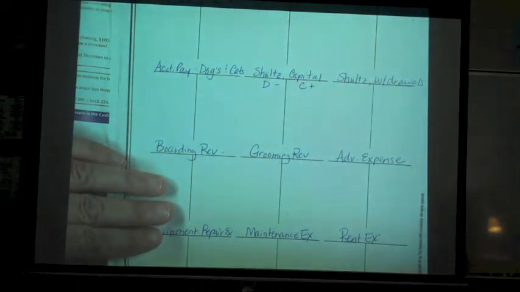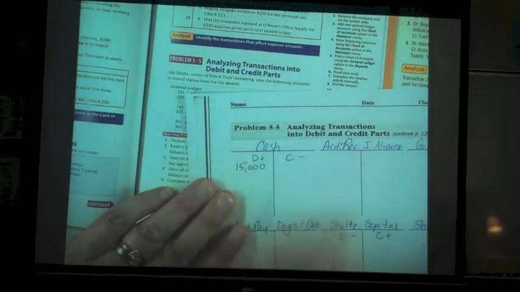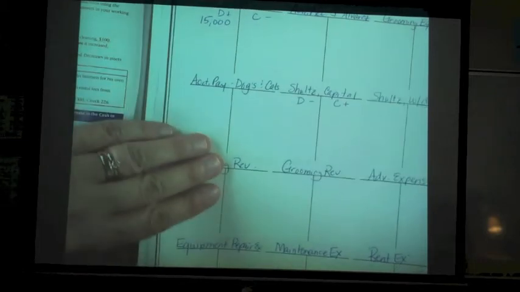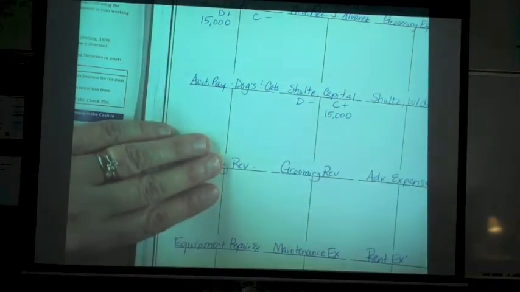And remember, your balance should always be recorded on your normal balance side. Cash is actually starting with $15,000, so I'm going to put that on the debit side of cash. And capital is going to start with $15,000 on the credit side. From that point on, you can then look on the next page and start recording transactions.